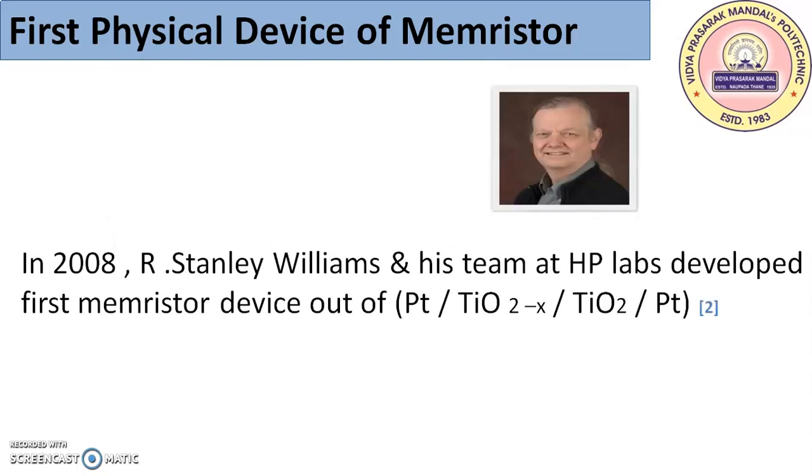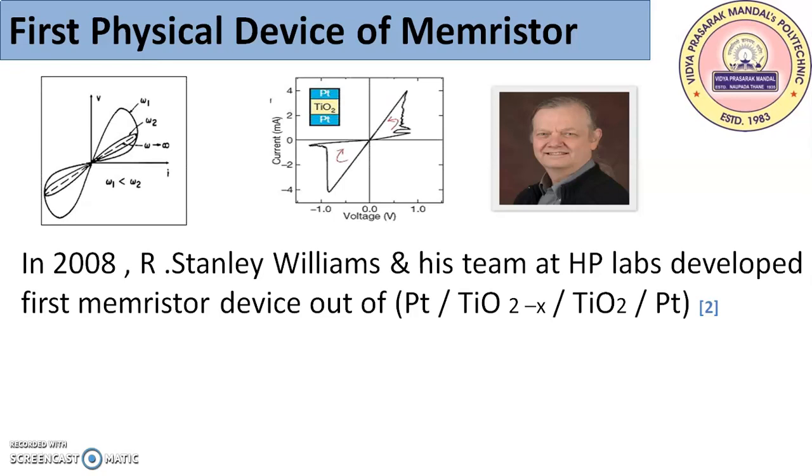In 2008, R. Stanley Williams and his team at HP Lab developed a nanoscale device comprising thin layers of oxygen-poor TiO2-x and insulating TiO2, that is titanium dioxide, sandwiched between two platinum metal electrodes. The HP team successfully correlated the memristor characteristics of Professor Chua, as shown in the figure.